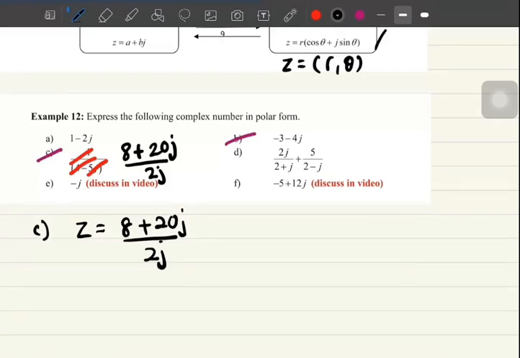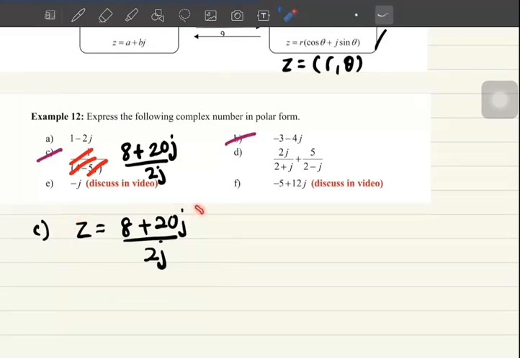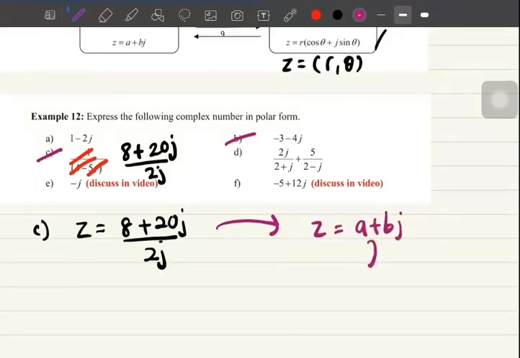So in this case, this is not yet in general form of a complex number. You have to express it in the form a plus bj first, then only can you make it into polar form, z equals r (cos theta plus j sin theta). So this is the process.